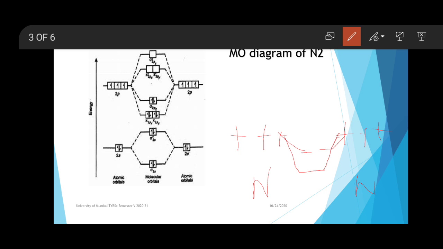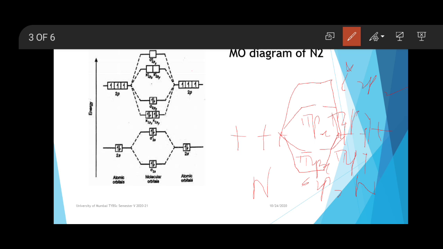These are sigma 2pz, pi 2px, pi 2py. When they combine, they form the molecular orbitals this way. These are the anti-bonding molecular orbitals: pi star 2px, pi star 2py and sigma star 2pz.